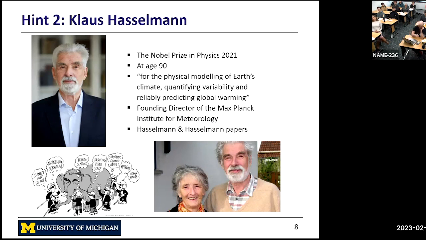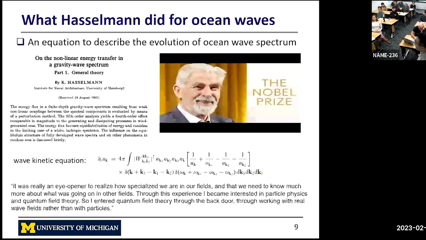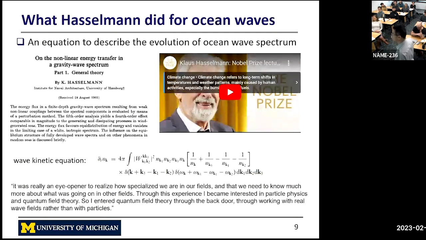So, okay, what does Hasselmann do for ocean waves? As I told you briefly, he basically derived the equation that tells us how waves talk to each other, which is called the wave kinetic equation, which I wrote here.